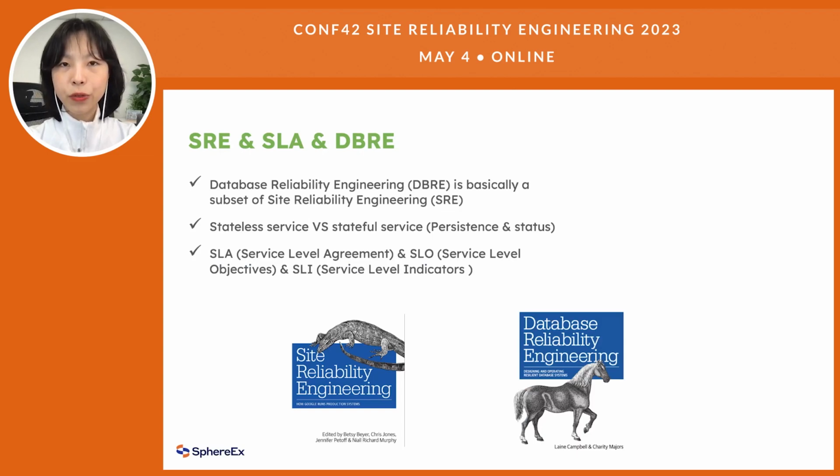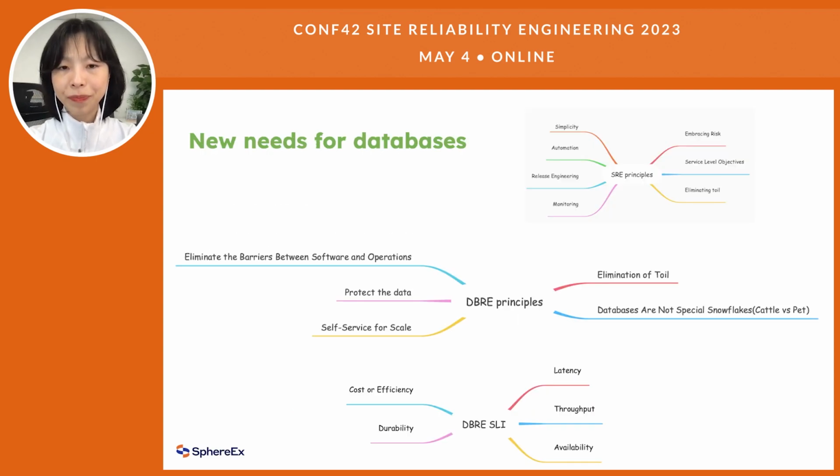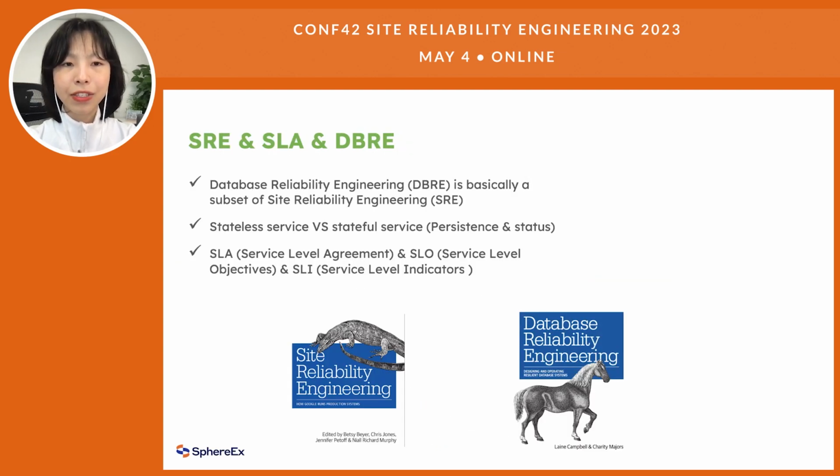You commit to your users that you will provide that level of service quality. So if we give attention to DBRE, databases and SLI, that is the service level indicator. We use this indicator to review whether the service quality or the service level agreement is good or not for the application or for our end users.